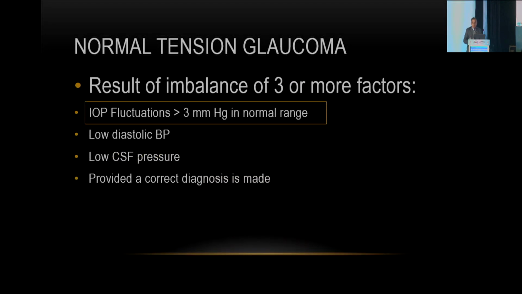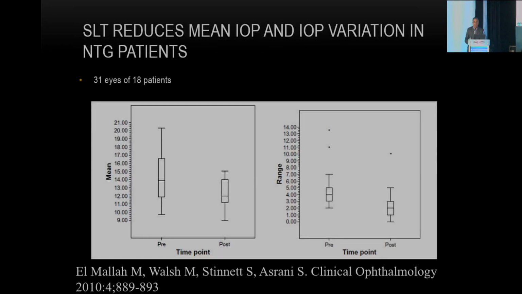So let's go back. Fluctuation is critical to control in management of low pressure glaucoma. So what do you do? Okay, you identified low pressure glaucoma, you eliminated masquerades, but we did a study in which we did SLT and we found that the mean pressure did not change much, but the range of pressure changed significantly.